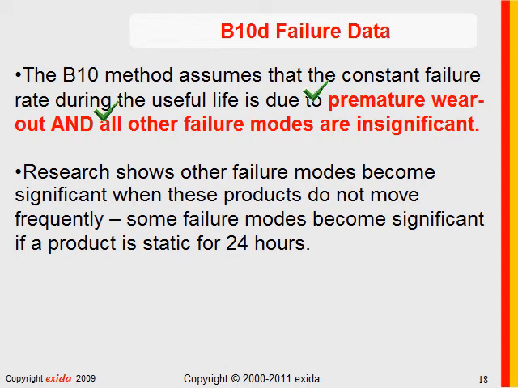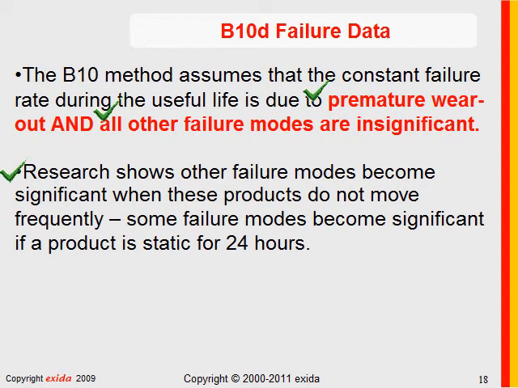Now, it's a fact that a lot of research shows that other failure modes become very significant when products aren't being rapidly cycled. Sometimes these failure rates become significant if a product is static or does not move, even within 24 hours. New failure modes manifest themselves.